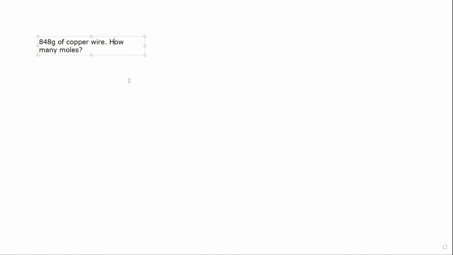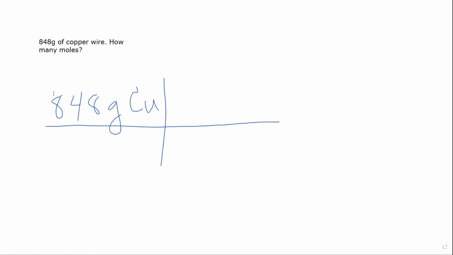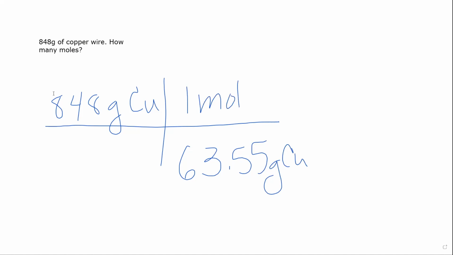Okay, so how we start is we always start with what we know. Remember, I've always told you that. So you put 848 grams of copper. The molar mass of copper is in your periodic table. Just look at your periodic table and see how much 1 mole of copper weighs: 63.55 grams of copper is equal to 1 mole of copper, right?